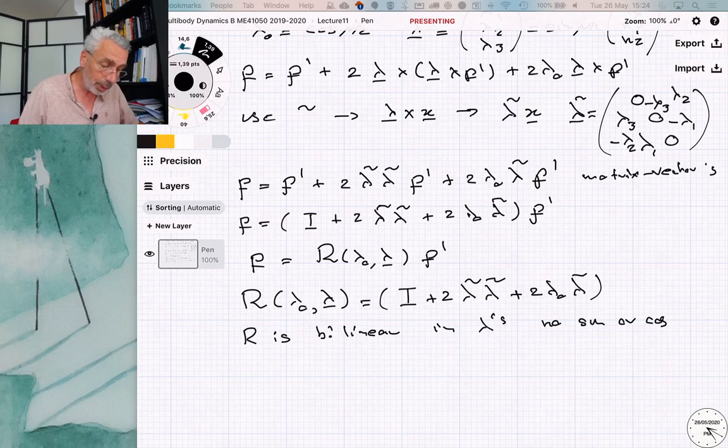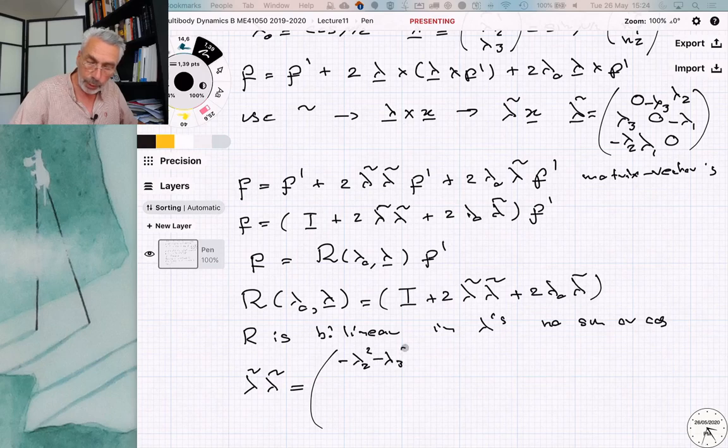So it's very simple. Now, how does it look? Well, if we expand this double product of these lambdas, it looks something like this: lambda 2 squared minus lambda 3 squared, this is lambda 3 squared minus lambda 1 squared, and this is minus lambda 1 squared minus lambda 2 squared.